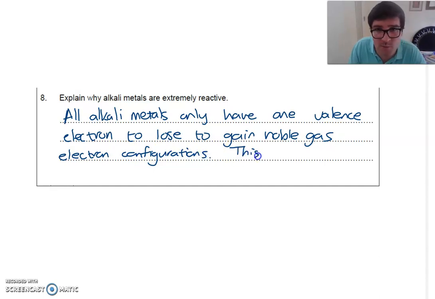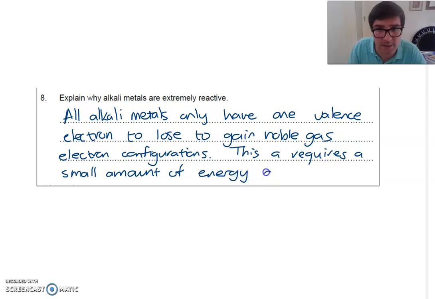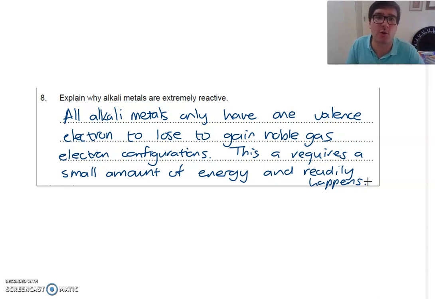This requires a small amount of energy, and therefore readily happens. Okay, so those are the answers to the questions of topic 3.1.